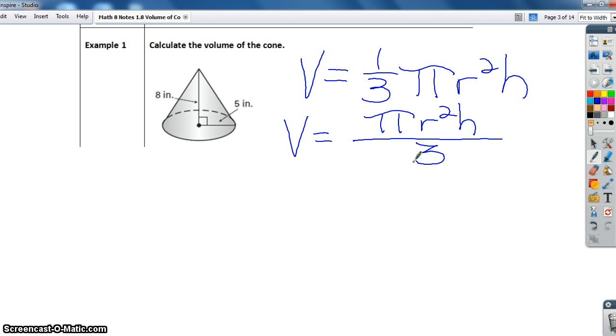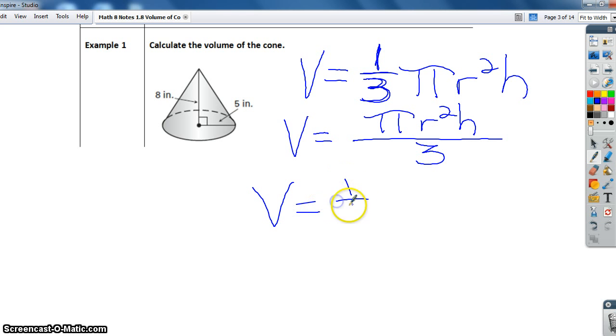Now if you do the 1/3 on your calculator, you could go 1 divided by 3, and you're going to get 0.33333333 on your whole calculator is what it'll give you, all right? And take times pi times radius times height. In this case, volume equals, what is pi?